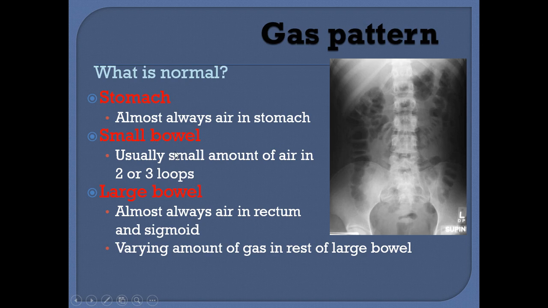Then small bowel pattern, which is usually in the center of the abdomen, maximally 2 to 3 loops, and the large bowel, which is always in the rectum or sigmoid, and sometimes if the bowel preparation is good, you can visualize in the periphery of the abdomen. This is descending colon, this is ascending colon, and this is the transverse colon.